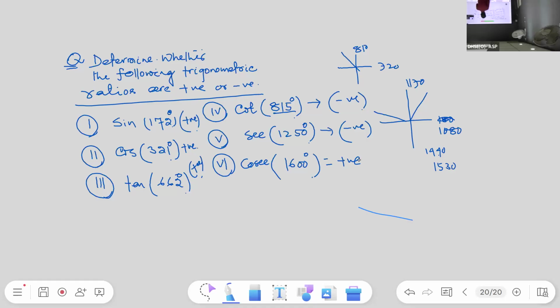Second quadrant is negative. Positive, positive. Second quadrant. This is positive. Okay. So next question.